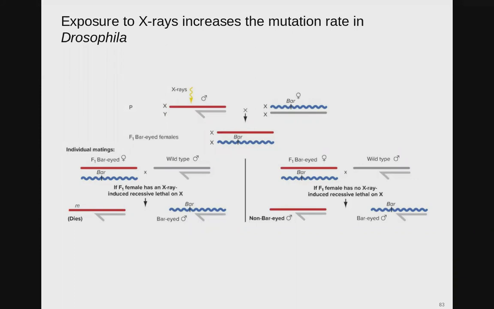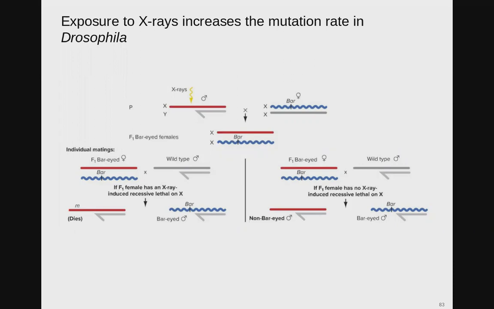passed down to the females, because remember the males would get the Y chromosome from dad, which he wasn't really interested in in this case. So he would take these X-ray dosed males, and they would have the X chromosome here in red. If it was dosed, it would cause the individual to die. If it wasn't dosed, it would cause the individual to live, thus having bar-eyed males. I think it's pretty cool.